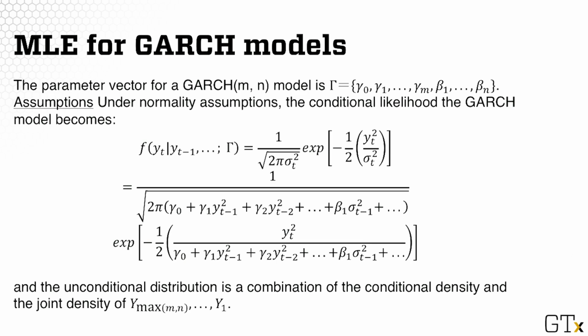If we assume normality, the conditional likelihood function of Yt given the past history up to time t can be expressed as a normal distribution with mean 0, if the mean of Yt is 0, and variance sigma t squared. The PDF, the probability density function, is as on the slide. If we replace sigma t squared, the conditional distribution is now a function of the GARCH coefficients.